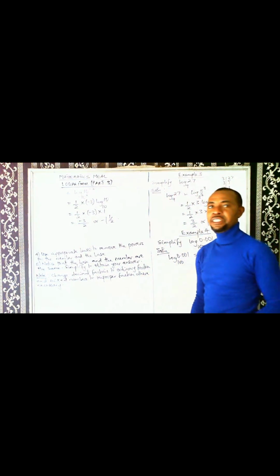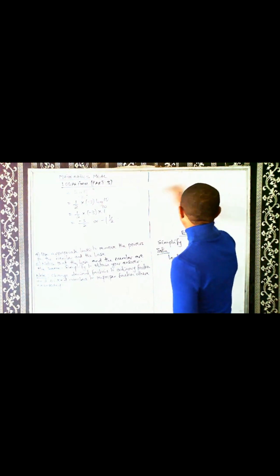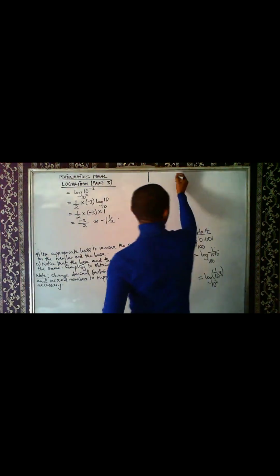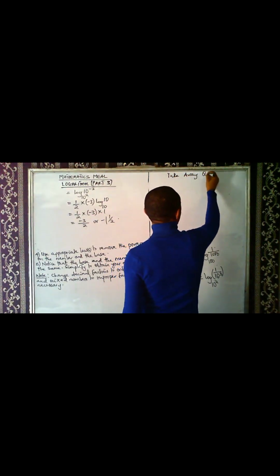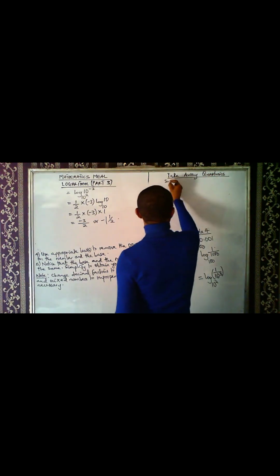I will not leave you empty-handed. Just take down this takeaway question, solve it, and make sure that you submit it. Very important. Solve these questions and submit it. So take away questions. Simplify the following.